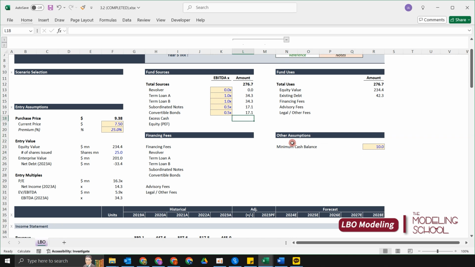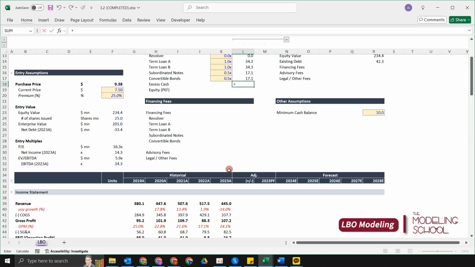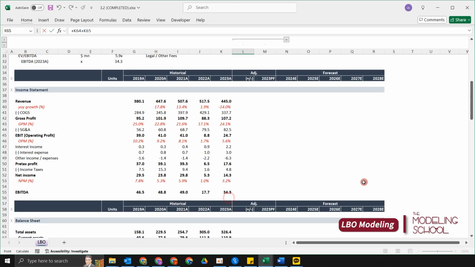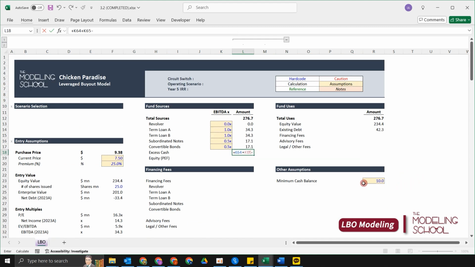So for the excess cash that the company can use, we have to leave out the minimum cash balance. We cannot use the 10 million that's untouchable. So currently we have cash and equivalents, we have short-term financial assets, but we cannot utilize the minimum cash balance. So it has to be subtracted. And the rest is how much the private equity firm is going to invest.